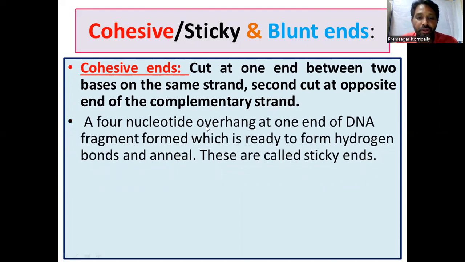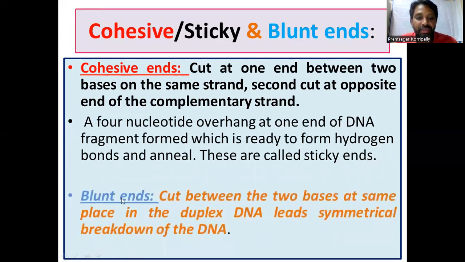A 4 nucleotide overhang at one end of the DNA fragment forms, which is ready to form hydrogen bonds and anneal. These are called sticky ends. Blunt ends are cut between the two bases at the same place in the duplex DNA, which leads to symmetrical breakdown of the DNA.